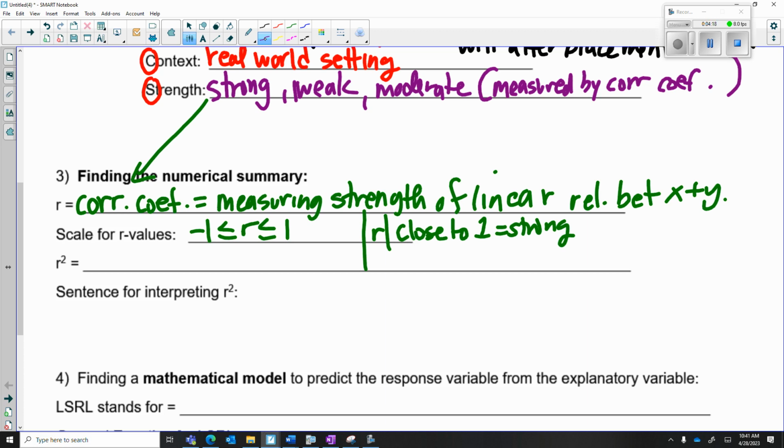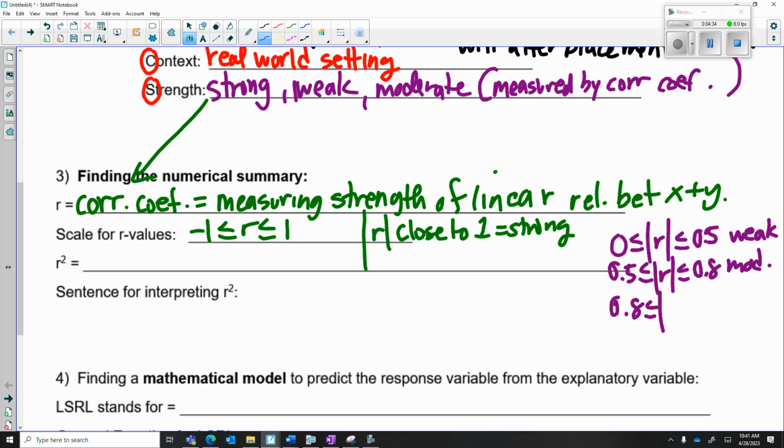The scale we kind of use is from 0 to 0.5-ish for the absolute value, we call weak. From 0.5 to 0.8, we call moderately strong. And from 0.8 to 1, absolute value, we call strong. So just note that it could be one of the above.